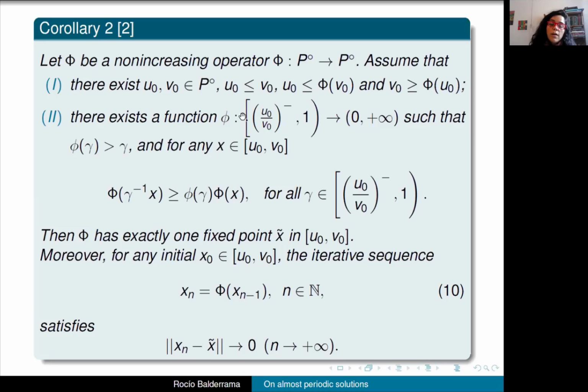And you need to be far away from 0 for the theorem to work when m is greater than 1.